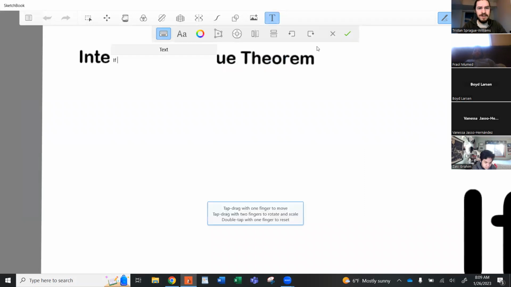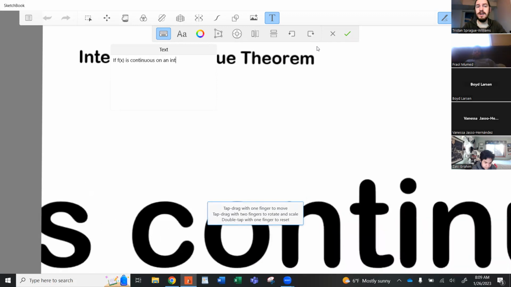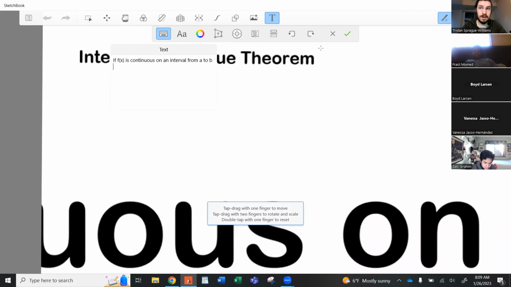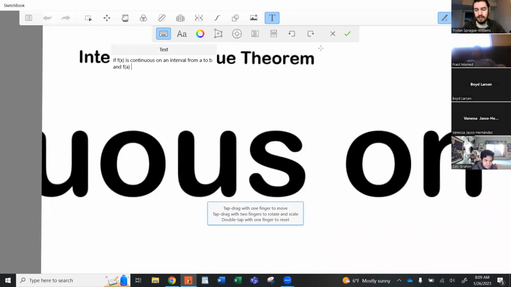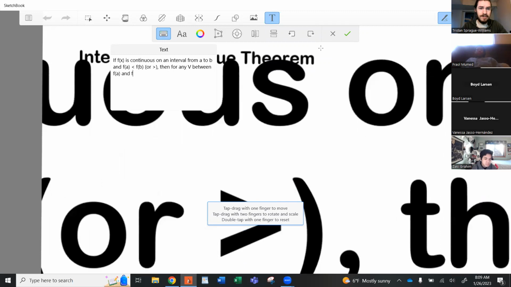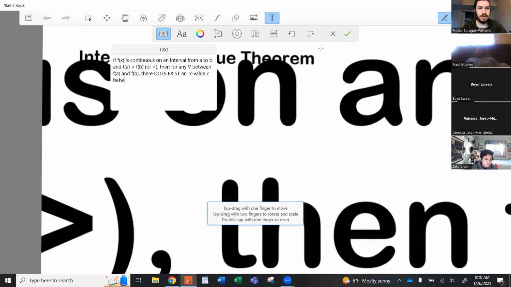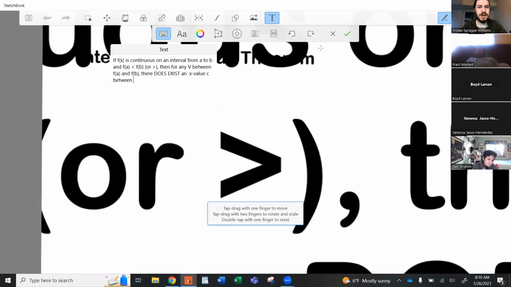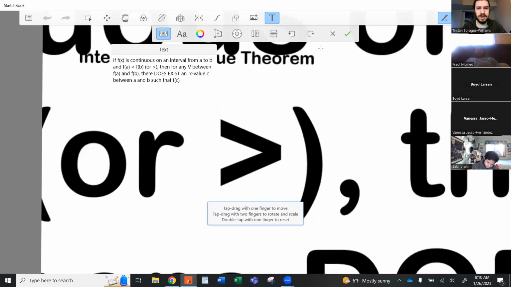The intermediate value theorem says this: if a function f of x is continuous on an interval from a to b, and f of a is, for example, less than f of b, or greater, doesn't really matter, just not equal, then for any value v between f of a and f of b, there exists an x value c, between a and b, such that f of c equals v.